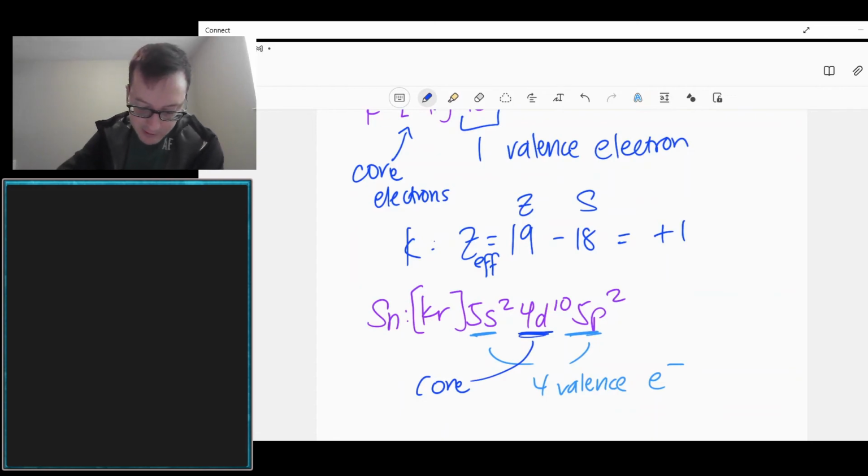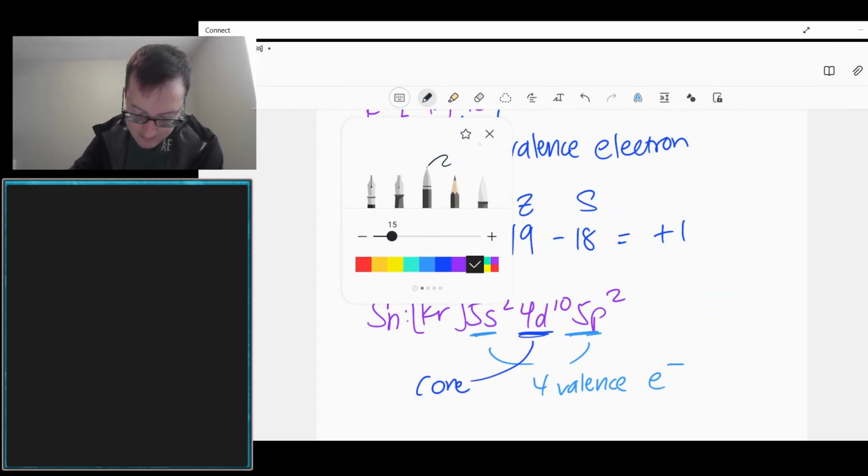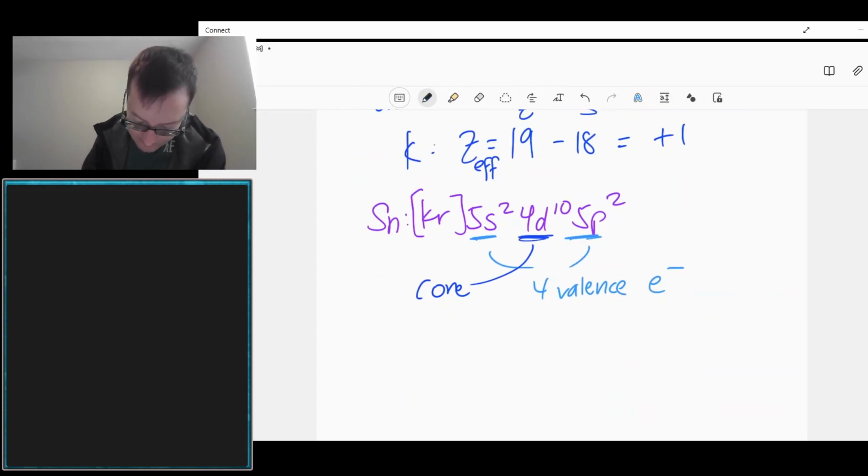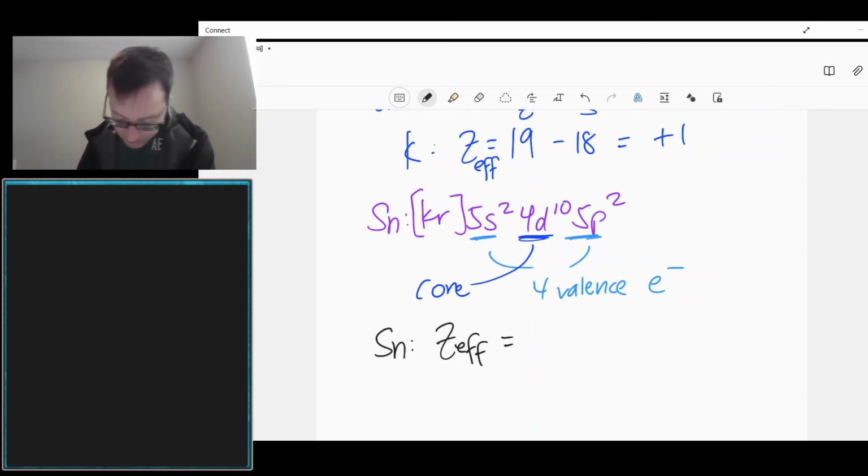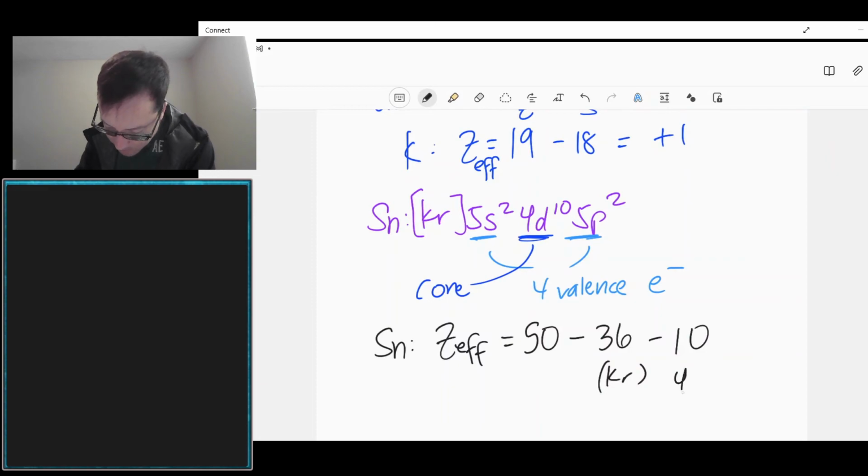So we can approximate this by doing: tin's atomic number is 50. We're going to subtract krypton, and we're going to subtract the d electrons. Krypton is 36. That's krypton minus 10, which is the 4d electrons.